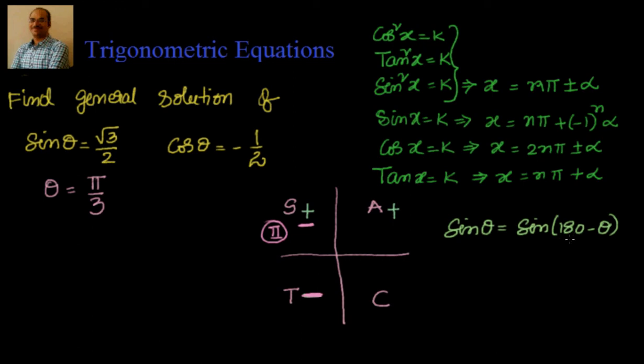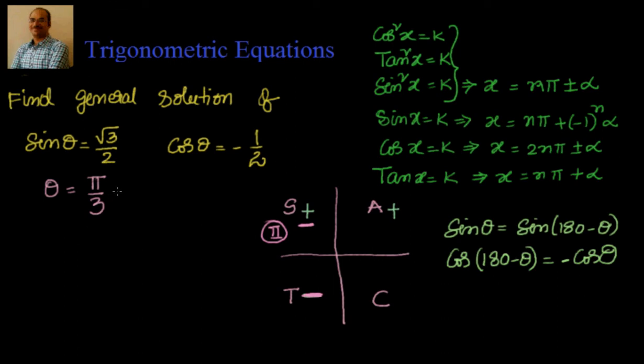Since it is 180 degrees, sin will remain as sin, or you can say even multiples of 90 degrees or pi by 2. Similarly, cos of 180 minus theta, since it is an even multiple, will remain as cos. But in the second quadrant, cos is negative, so it will be minus cos theta. That is what we want. We want negative here and also we want positive here.